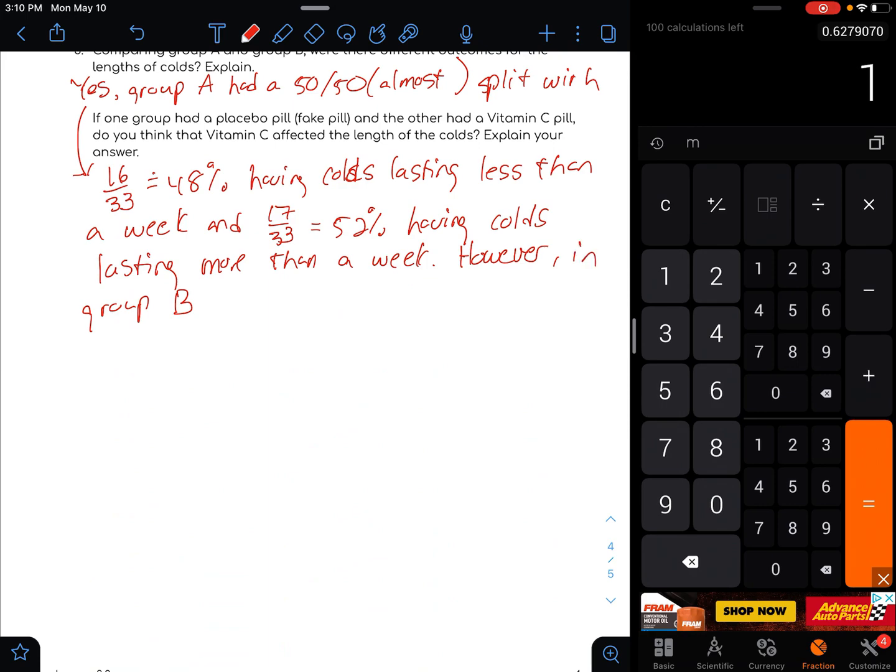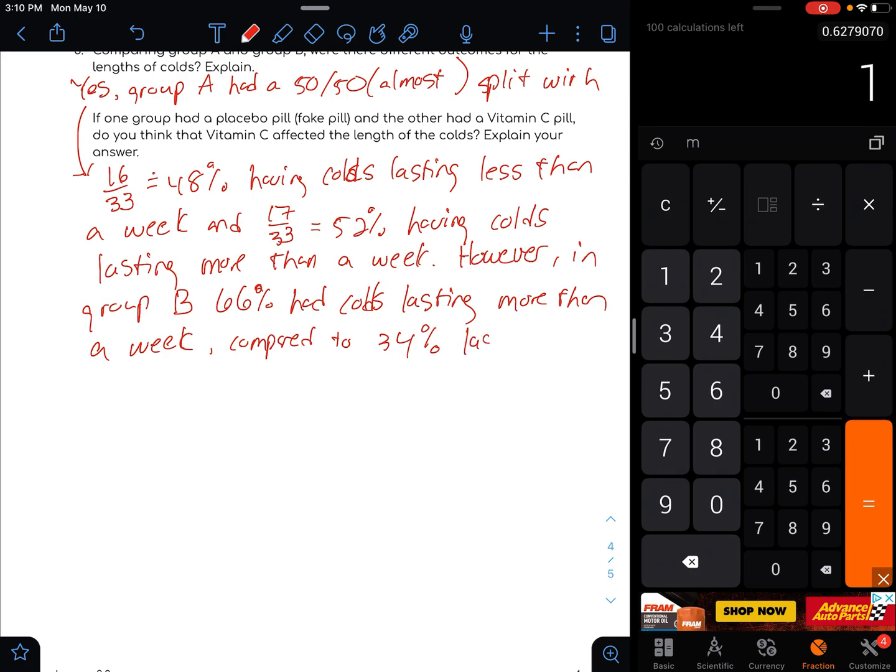So I'll say in group B, 66% had colds lasting more than a week, compared to 34%, and the reverse of that, lasting less than a week.